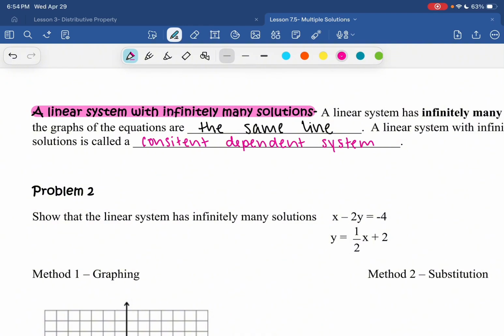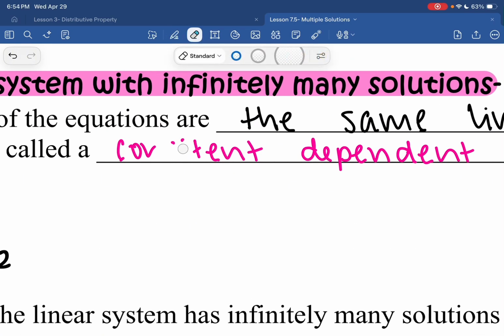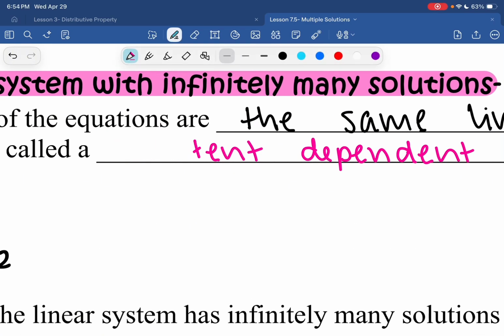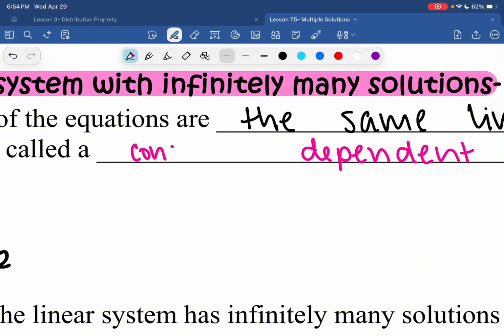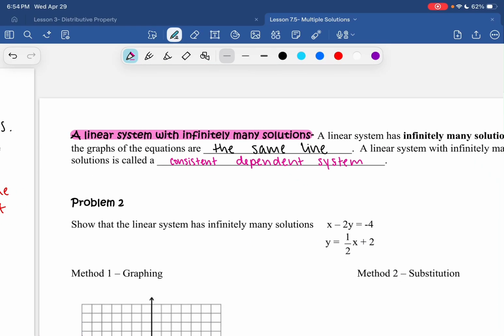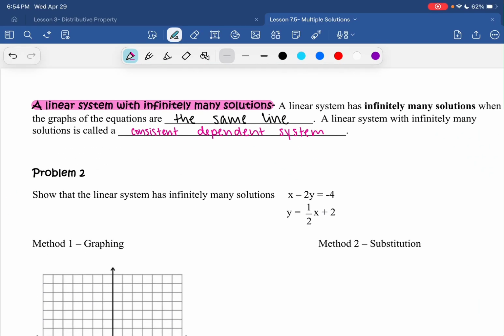So, oopsies, forgot an S. See, this is why I teach math, right? Okay, hold on. Well, now that looks funky. Consistent. There we go, that's much better. So, consistent dependent system, and sometimes you will just see it being written as consistent system.